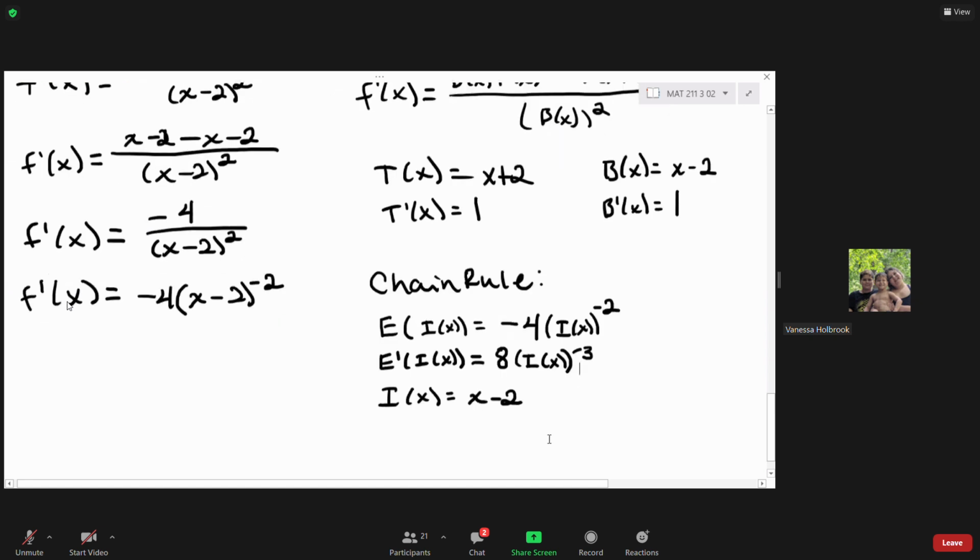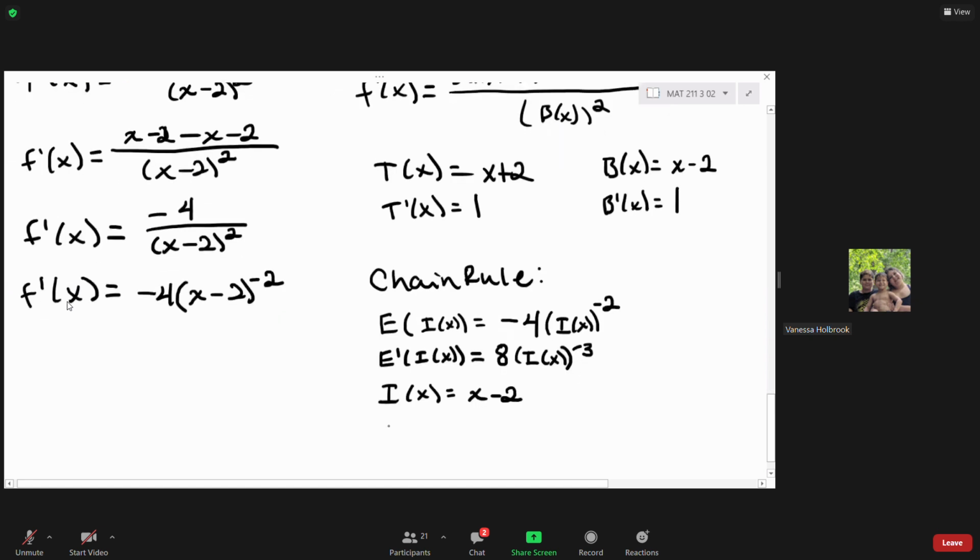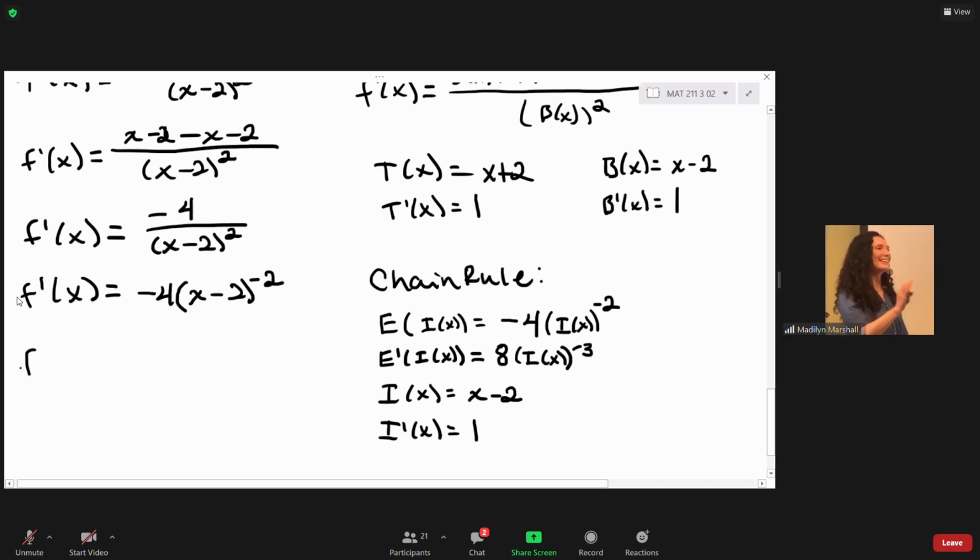And I prime is just 1. So putting that all together, this is f double prime that we just found. So that's 8 times x minus 2 to the -3.